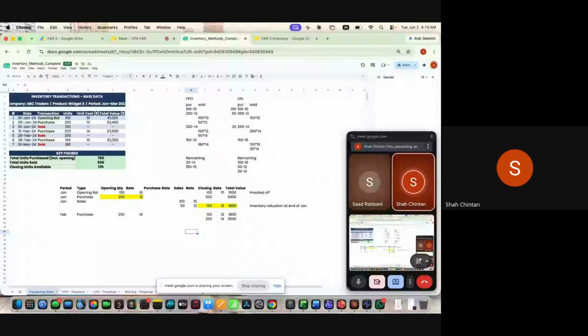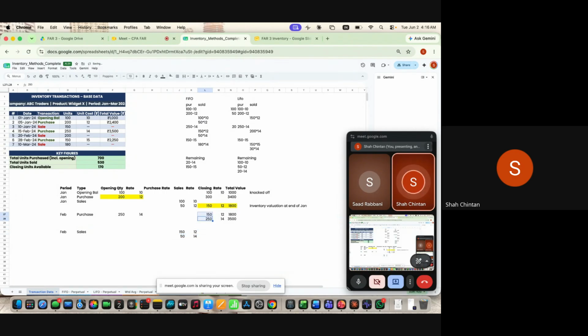Now, again in the month of February, you have done a sale. Let's just say you are still in the month of February, you have sold 200 units. Now, 200 units are sold first: 150 are going at $12 each, and 50 units are going at $14 each.